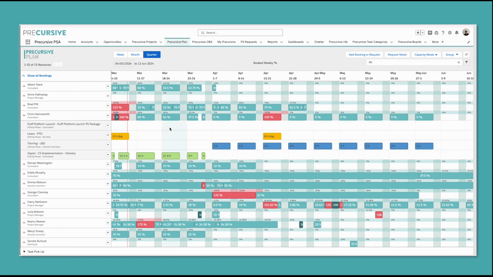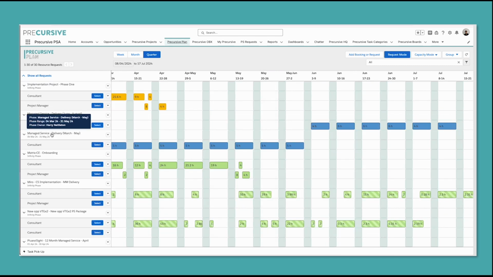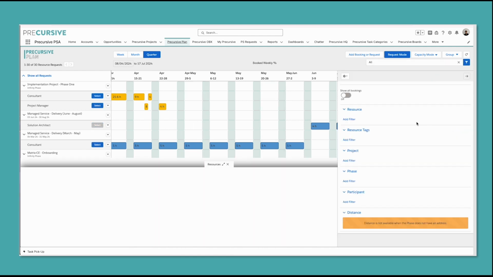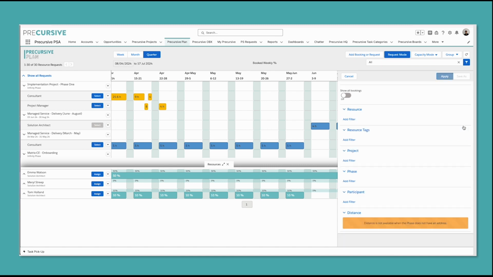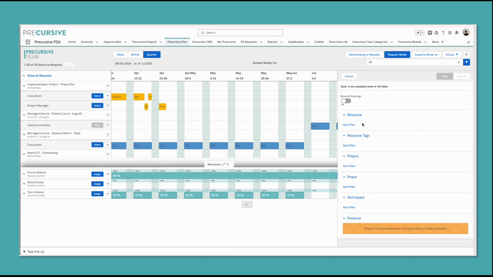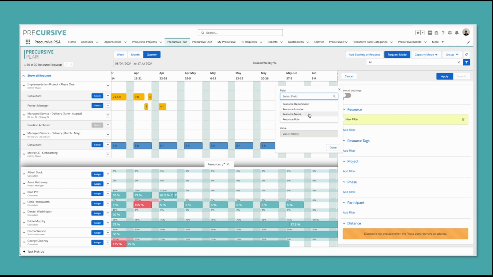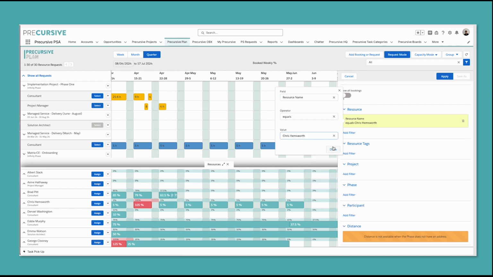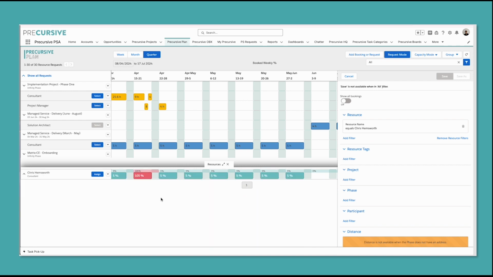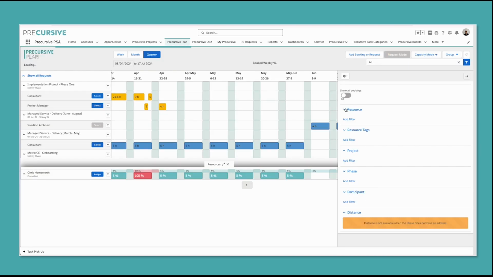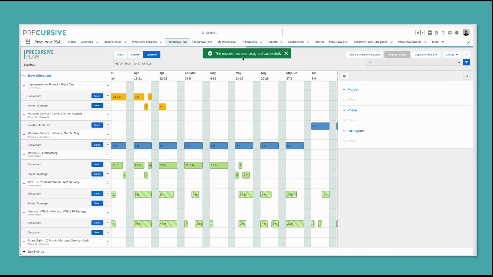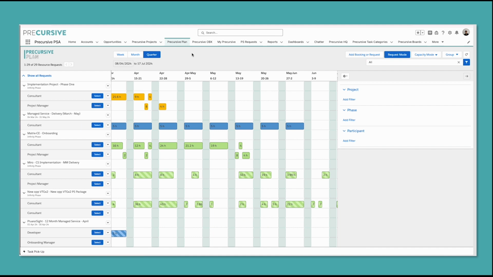So now I'm going to assign that over to Chris. Here's my solution architect piece. I'm going to take out the need for a solution architect, and I'm going to give it to Chris. I could have just dropped it onto him, but I just wanted to show the searching of that. And that's done. So that's helping us work through and replan, which is great.